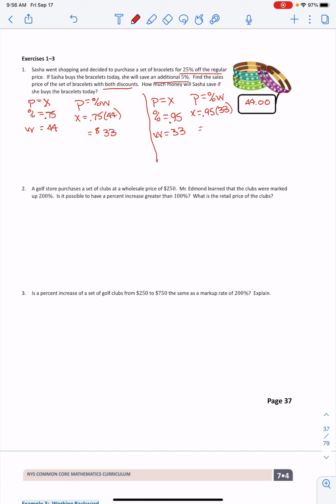So our answer is $31.35, which is what she will actually pay for the bracelets. And to find out what she will save, we take the $44 and subtract 31.35. So she actually saves $12.65.